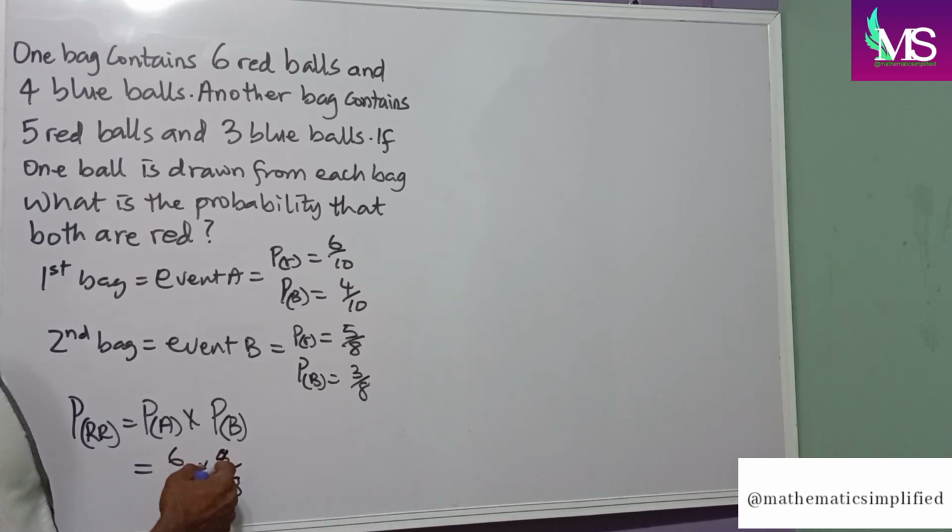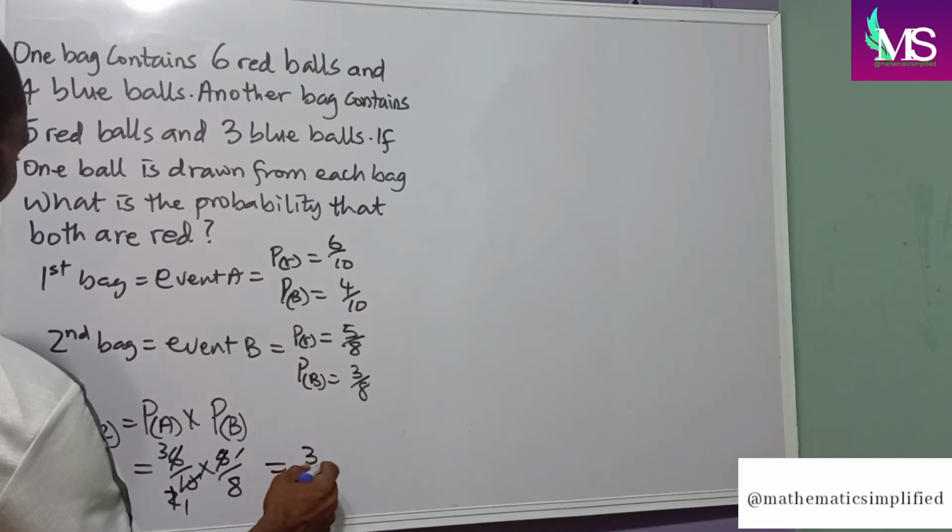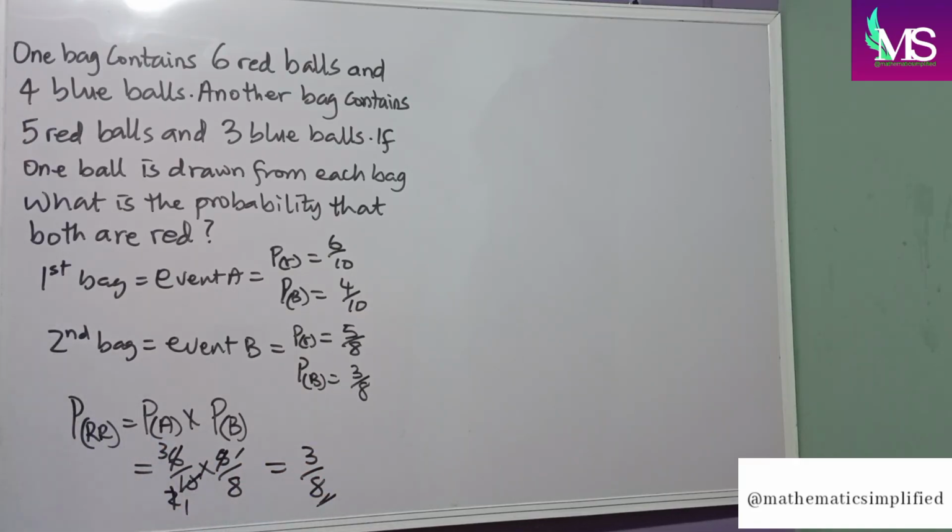We can now cancel: 2 into 6 is 3, 2 into 10 is 5, and 5 into 5 and 5 into 8 gives us 3 over 8. So the probability that both are red will be 3 over 8.